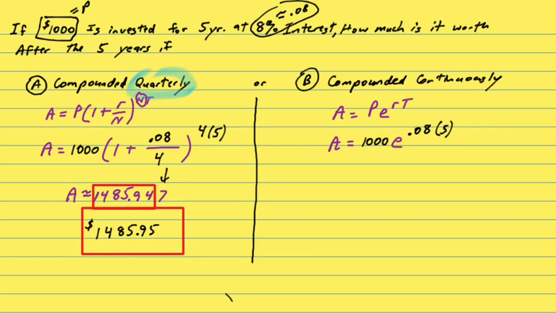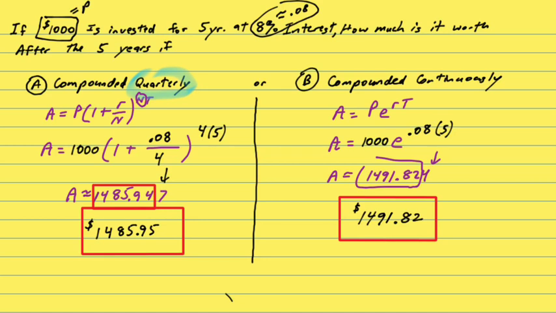That makes the amount $1,491.824. Now that does not round up, right? So the answer is going to be $1,491.82.